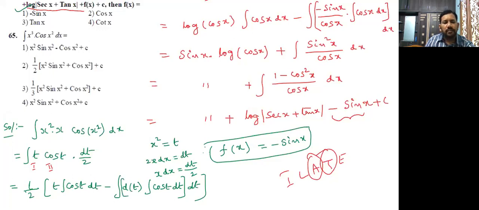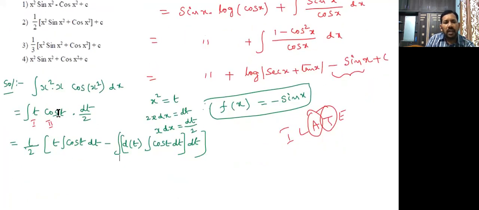This is okay. Now 1 by 2 into t cos t derivative integration sin t, minus derivative of t is 1. Okay. Integration cos t is sin t. Again integration is there. Integration sin t is minus cos t.